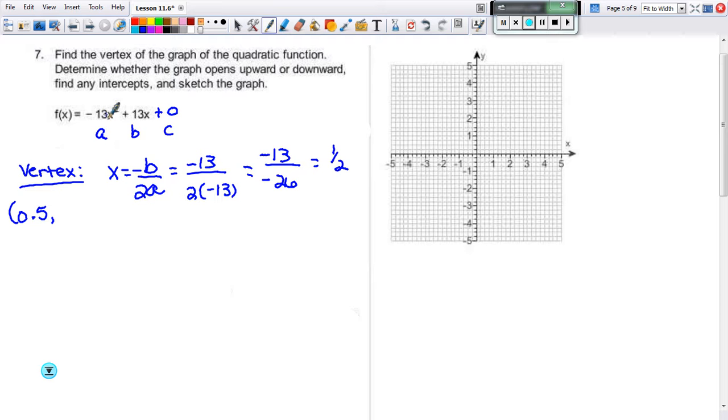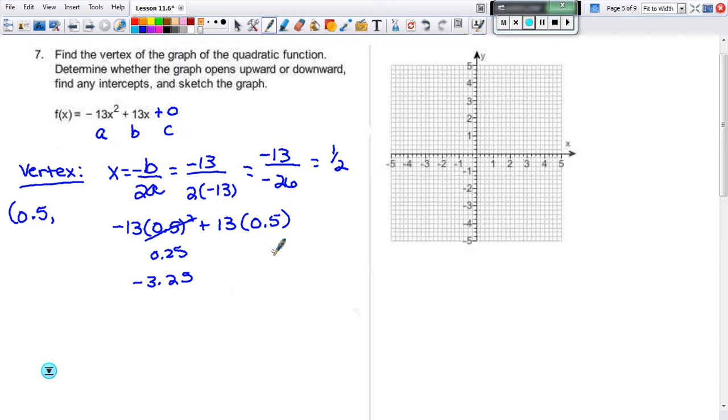Okay, so it's actually easier too with your calculator to use 0.5 into the function. So negative 13 times 0.5 squared plus 13 times 0.5. Okay, exponents first. So 0.5 squared is 0.25 times negative 13 is negative 3.25.